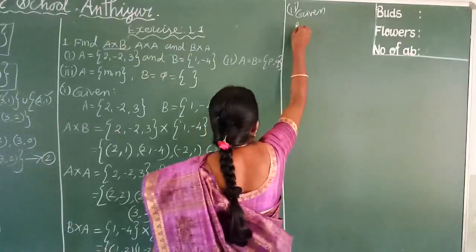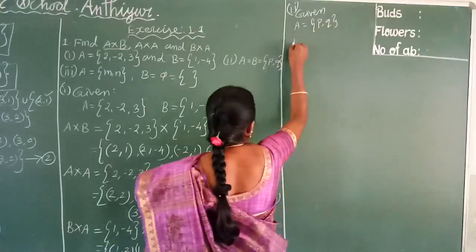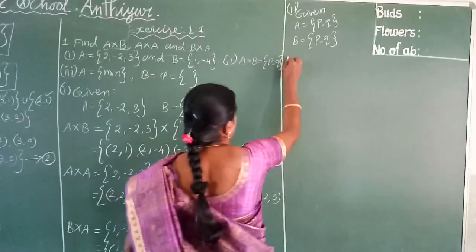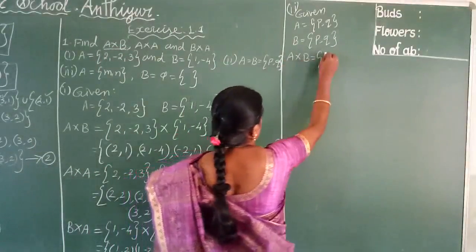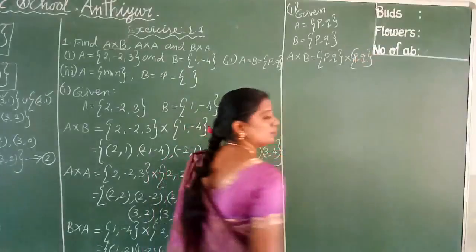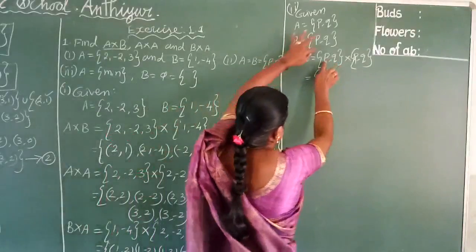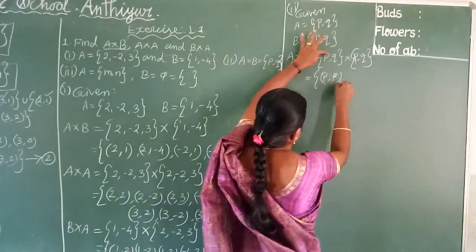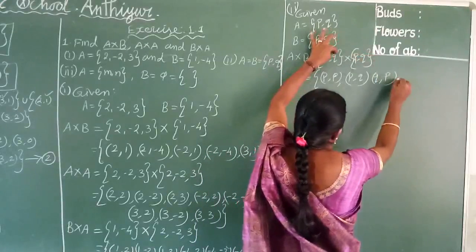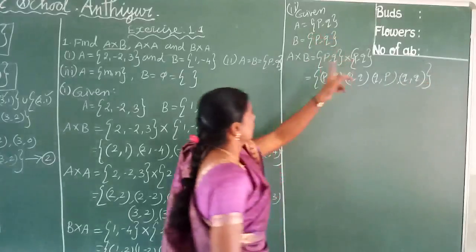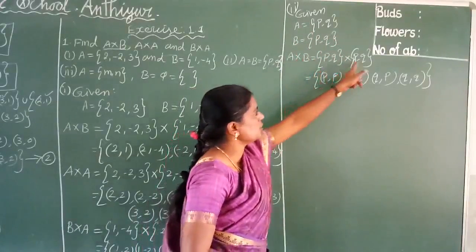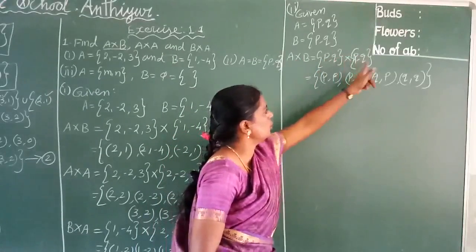Given A is equal to {P, Q} and B also {P, Q}. First find A cross B, which is {P, Q} cross {P, Q}. Both are the same. So now P cross P gives (P,P), (P,Q), next (Q,P), (Q,Q). A's answer is {P, Q} and B's answer is also {P, Q}. So A cross B is (P,P), (P,Q), (Q,P), (Q,Q).